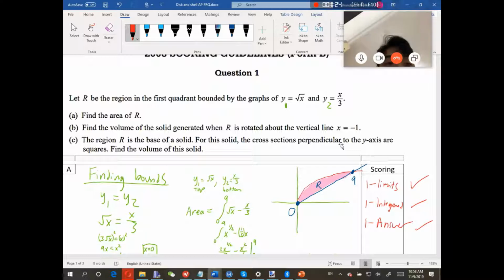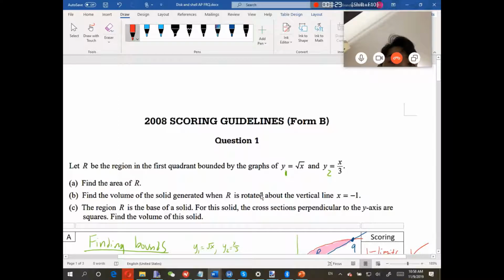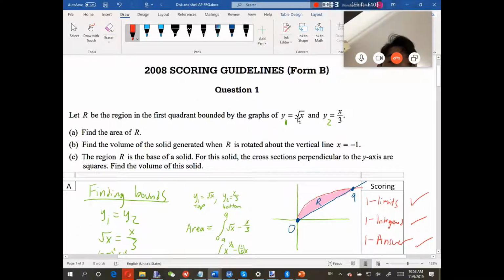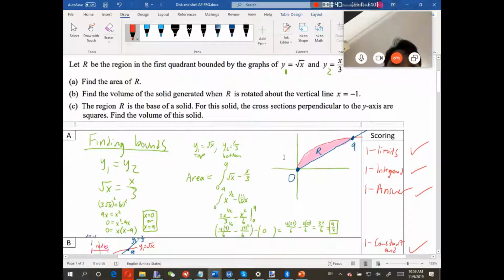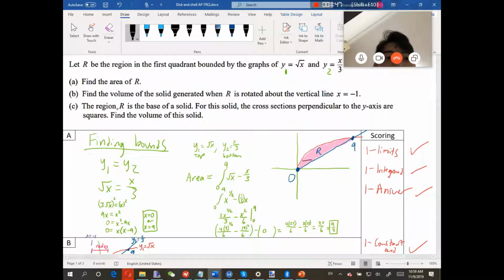I guess I'll set up this last one then, since we've got 2 minutes left. So if this region R, this area between root x and x/3, is the base of a solid, and cross sections perpendicular to the y-axis are squares. I want to find the volume of the solid.